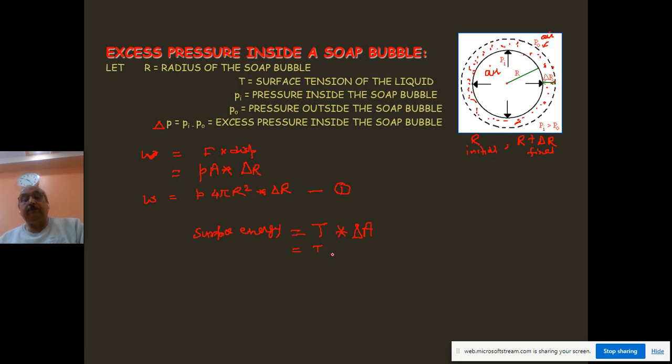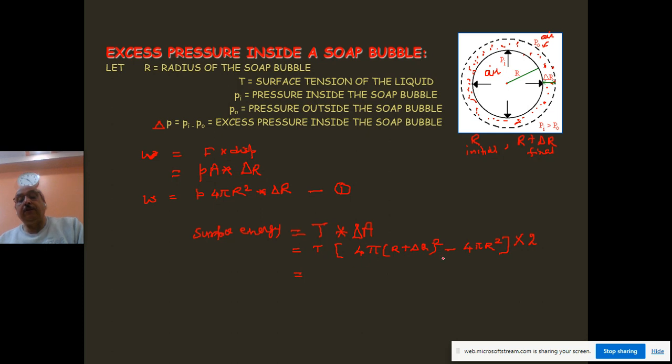Change in area is equal to 4 pi (R plus delta R) square minus the initial surface area of this sphere, 4 pi R square. But the soap bubble has two surfaces, so we will multiply this equation by 2.